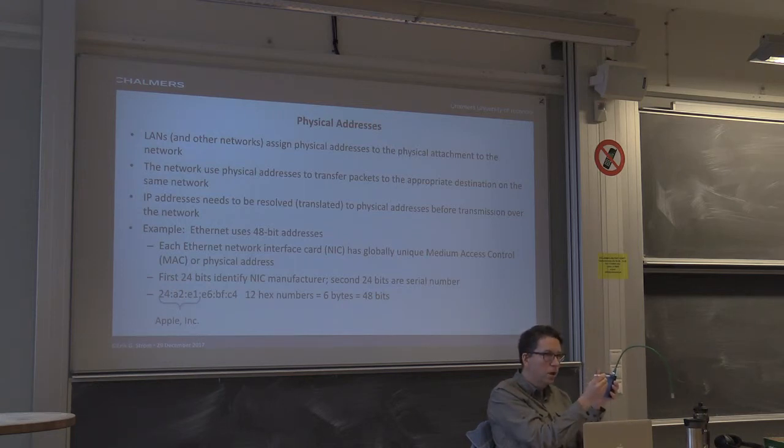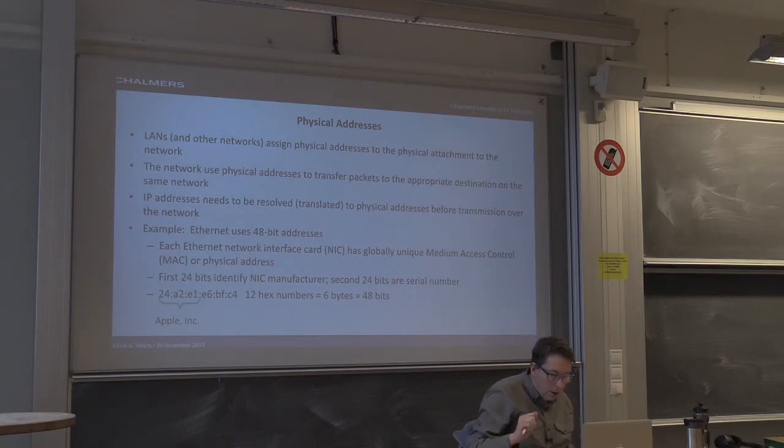This one has a physical address. And the network uses this physical address to transfer packets on that network, on the same network. IP addresses need to be translated, or the technical word for that is to resolve, to a physical address before transmission over the network. We see an example shortly.